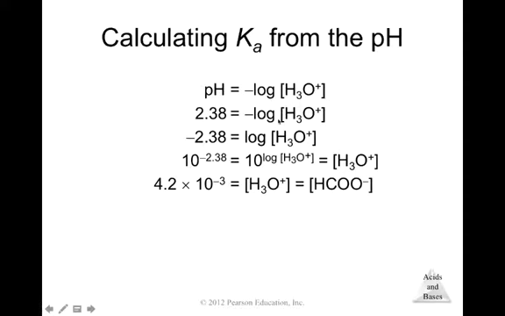So 2.38 is the negative log of H3O plus. 10 to the negative 2.38 gives us 4.2 times 10 to the minus 3, which equals our concentration of H3O plus, which is also the concentration of HCOO minus. Remember, they're going to be dissociated equally. For every H3O plus you're making, you're making an HCOO minus.